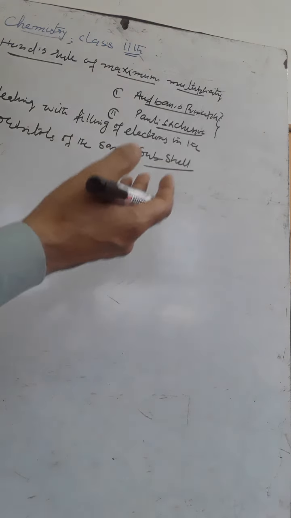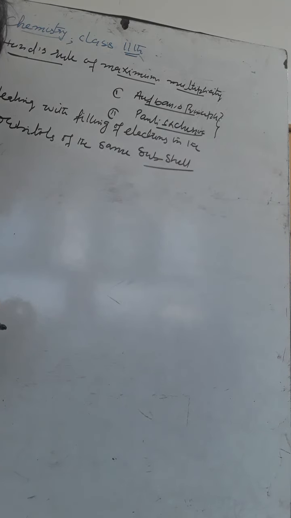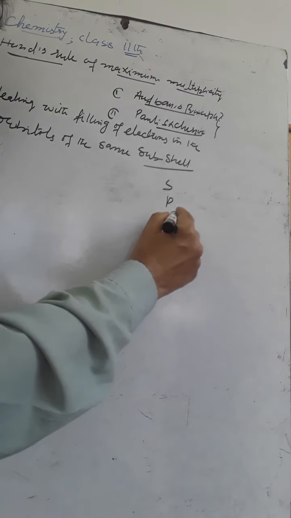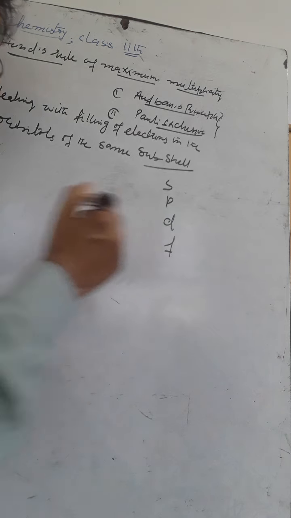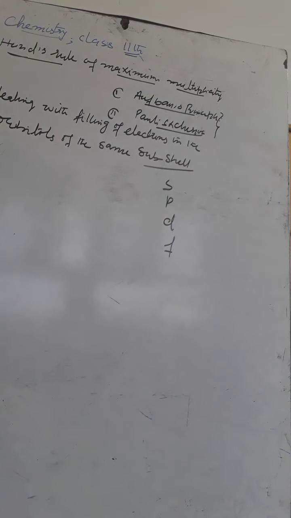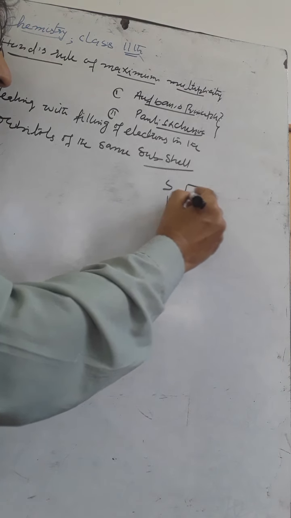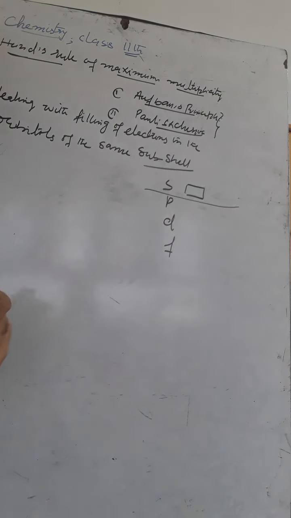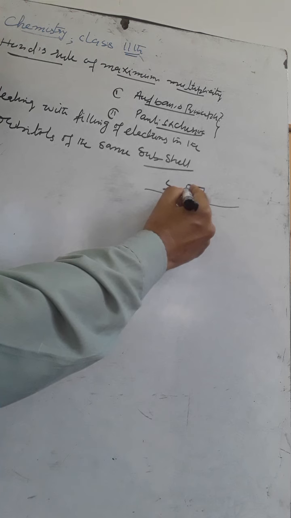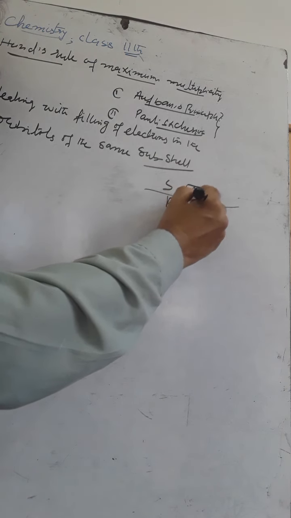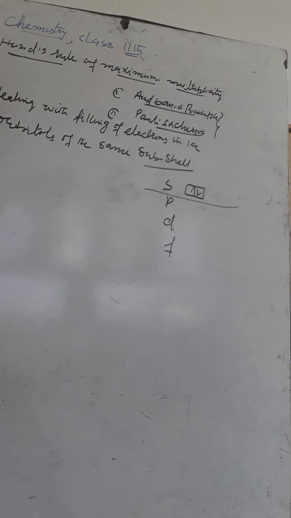As we know, we have different subshells. These are S subshell, P subshells, D subshells, and F subshells. Let me represent their orbitals in the form of boxes. S subshell has only one orbital, and it can accommodate a maximum of 2 electrons.